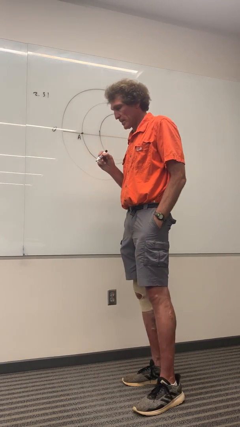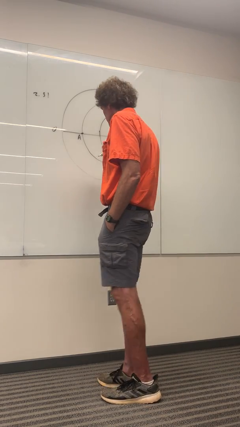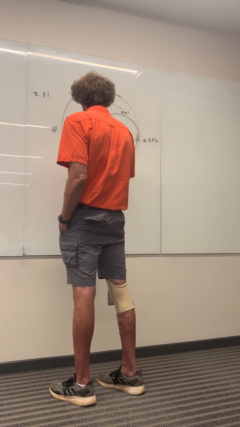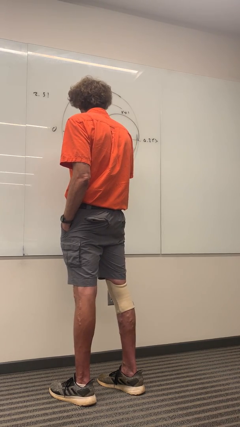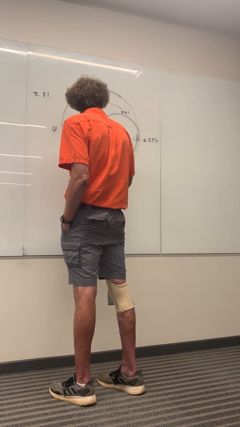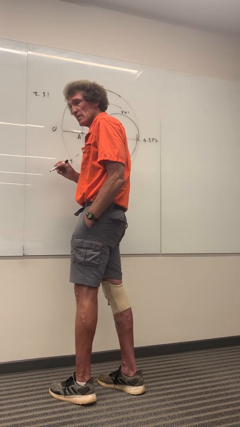And then there's a point B, slightly below on the same circle at 0.351 lambda toward the generator.